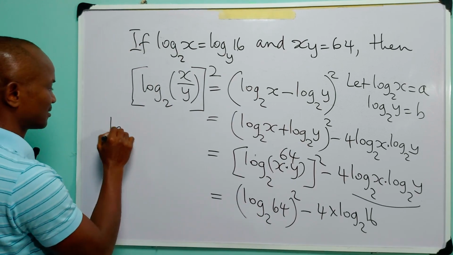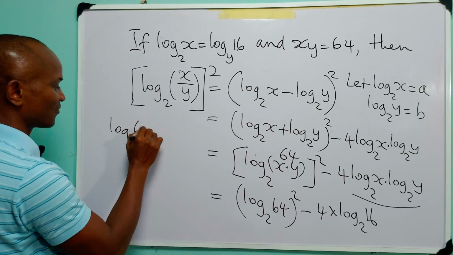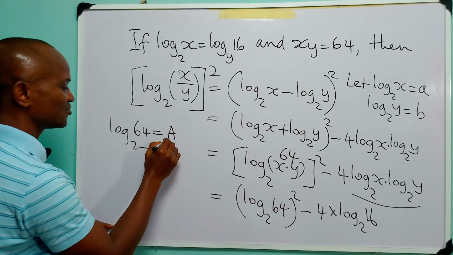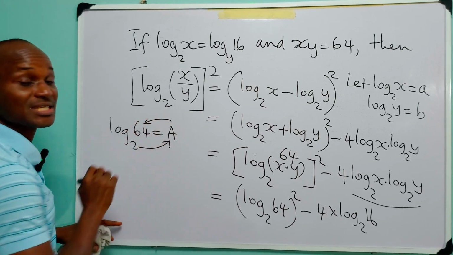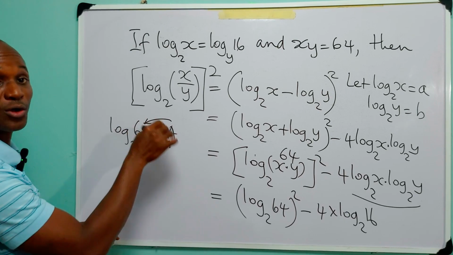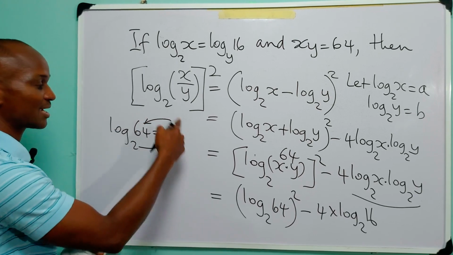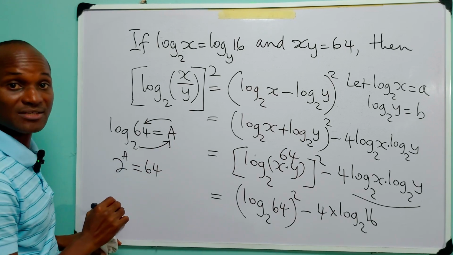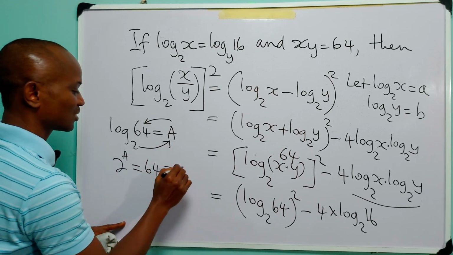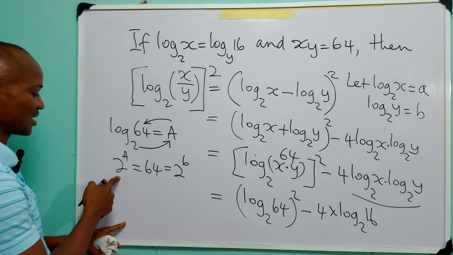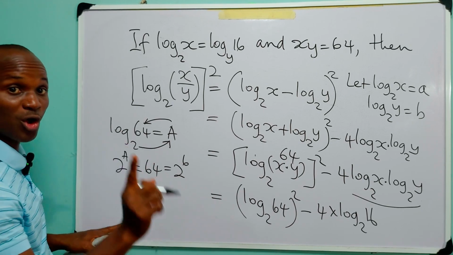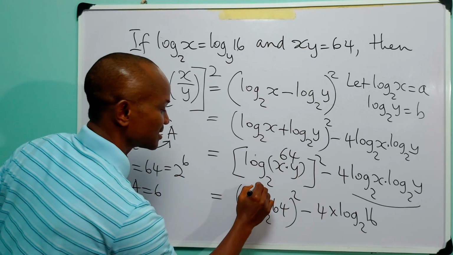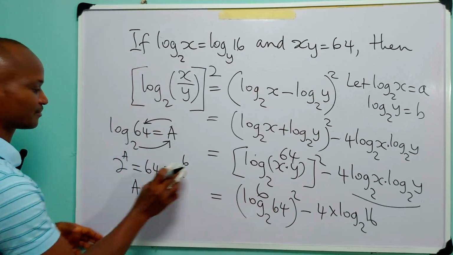So let log to base 2 of 64 be equal to a. That simply means that 2 raised to power a is equal to 64. Note the anti-clockwise movement. But 64 is equal to 2 raised to power 6. So you have 2 here and you have 2 here. So automatically a is equal to 6. So this is equal to 6.